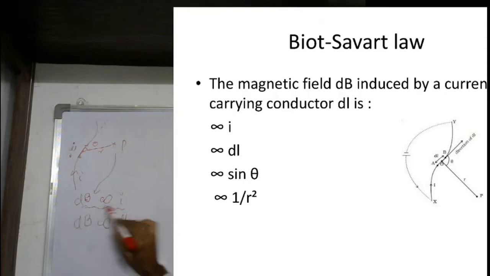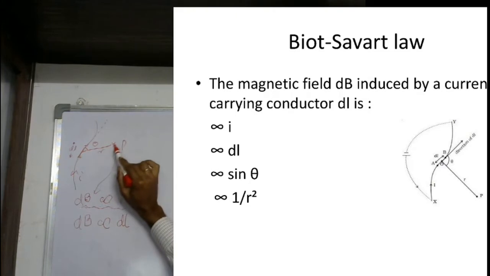Here dB is proportional to I, means as you increase the current flowing through the same conductor, then you have more magnetic field at the same point located at the same distance from the infinitesimal element. You are just changing the current, that simply changes the magnetic field. If you increase the magnitude of the current flowing through the conductor, then obviously you have more induced magnetic field at the point under consideration.